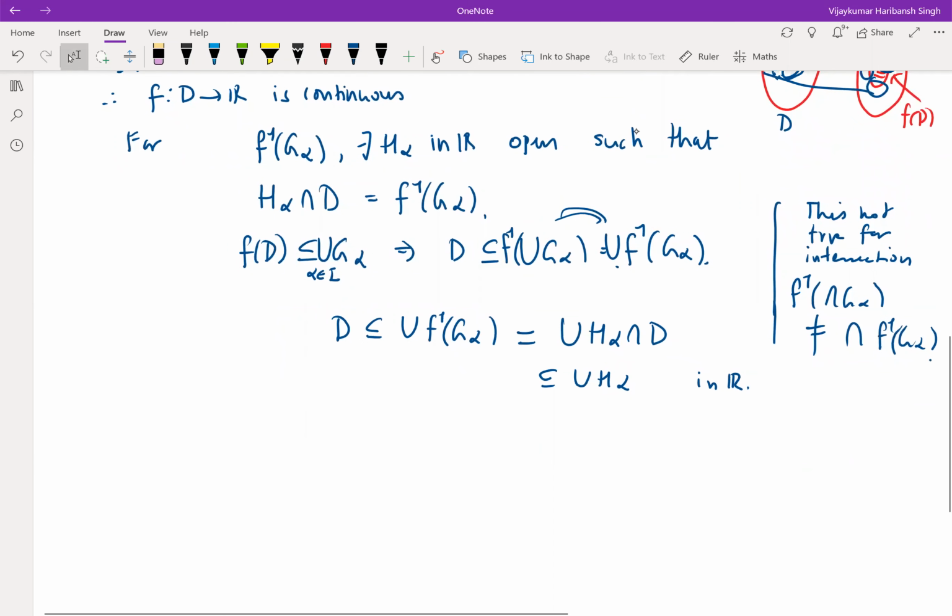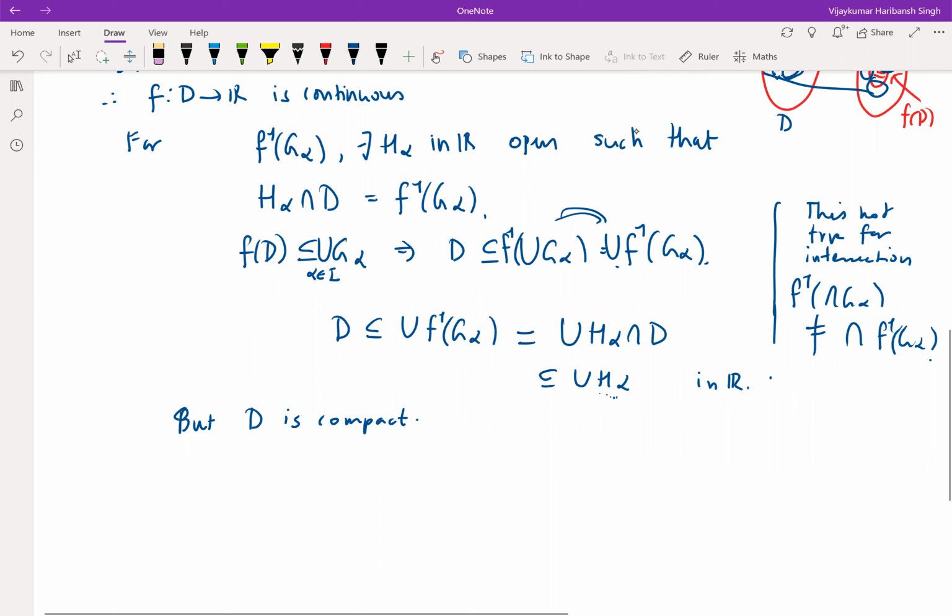But D is compact. So this is an open cover, that is the union of H alpha.